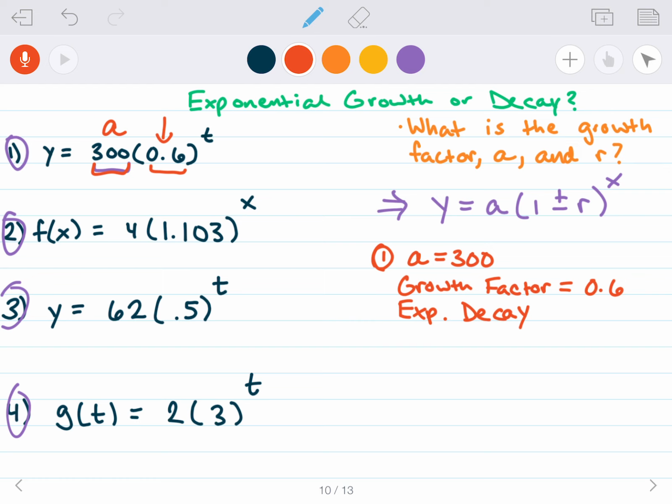And so now we need to know what r is. Well, since it's decay, we're going to use 1 minus r. 1 minus r is equal to 0.6, and then we solve for r. So basically we just do 1 minus 0.6. So r equals 0.4, which equals 40%.